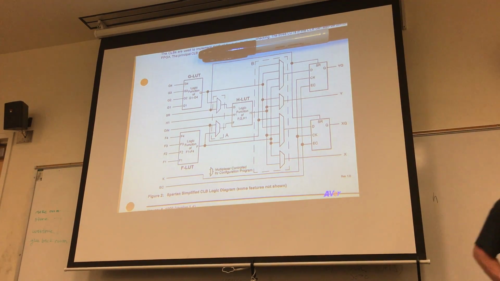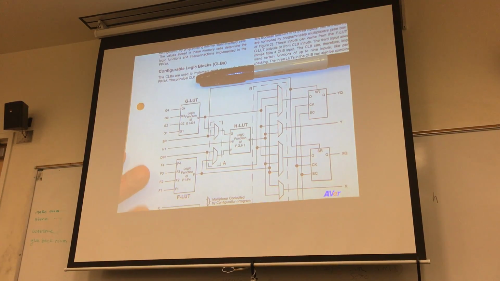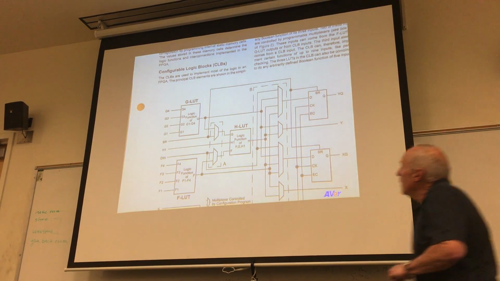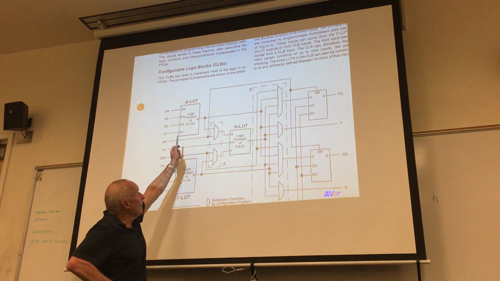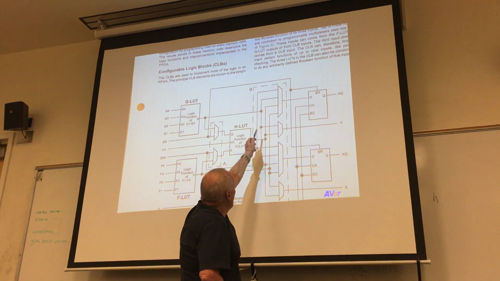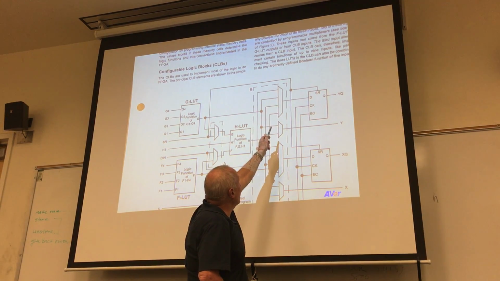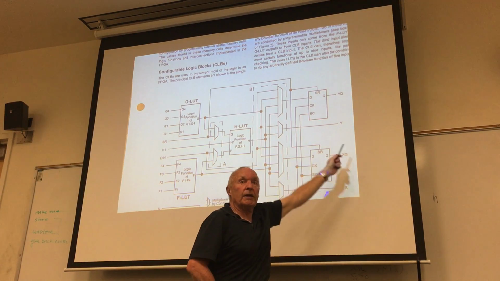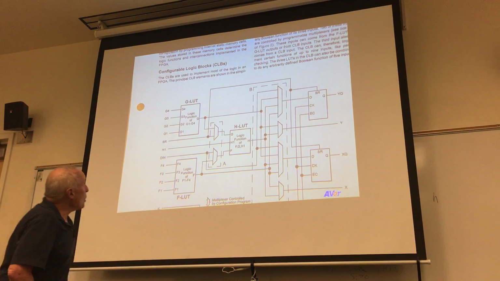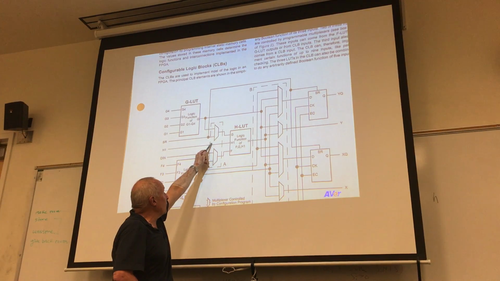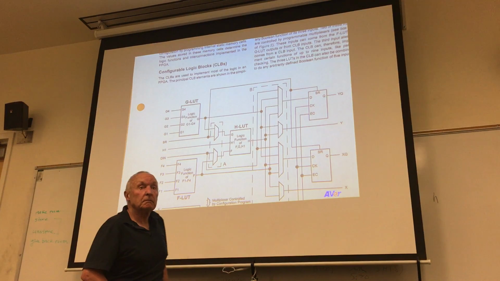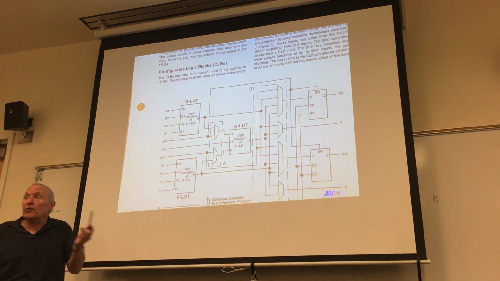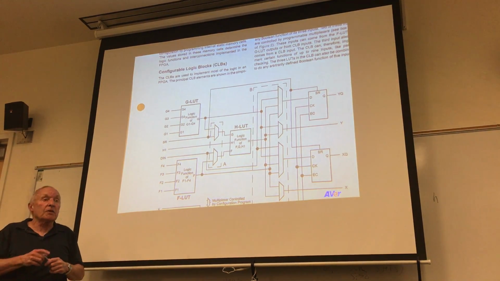You will notice, however, that the output of the G LUT can go over here through a multiplexer and directly into the register. You can also go through this multiplexer and it becomes an input to that LUT. So you can cascade LUTs to get more complex expressions.